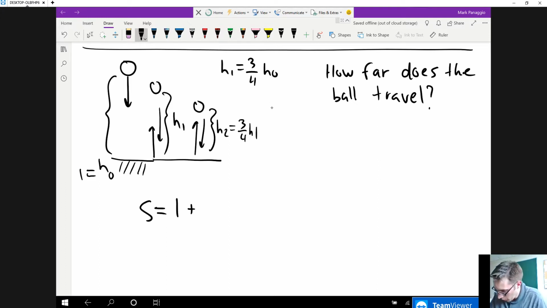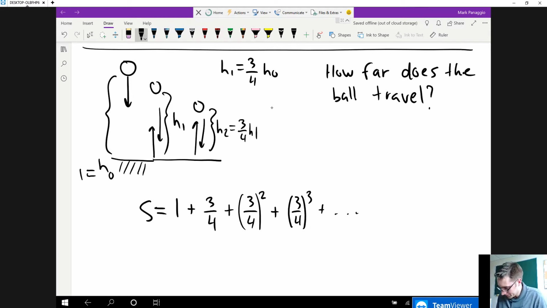But if you drop 1 meter on the first drop, the next time you drop, you're going to drop a total of 3/4 of that. And then the next one after that would be 3/4 of that. So 3/4 times 3/4. And you could see that if we're adding up all of the bounces, we're just going to get 3/4 cubed and so on. And it's going to continue forever. And so this is just the downward part.